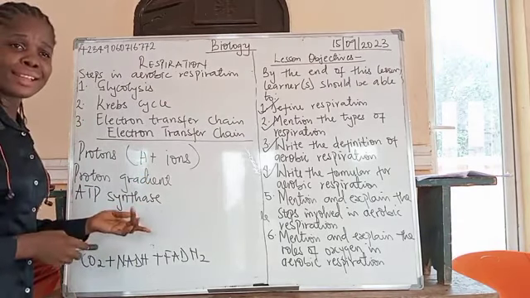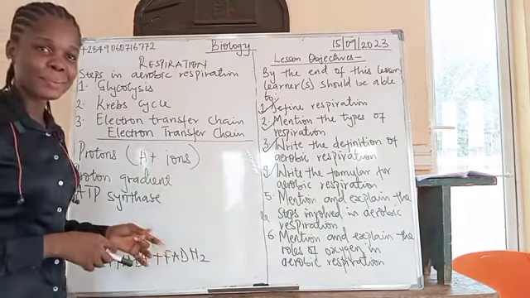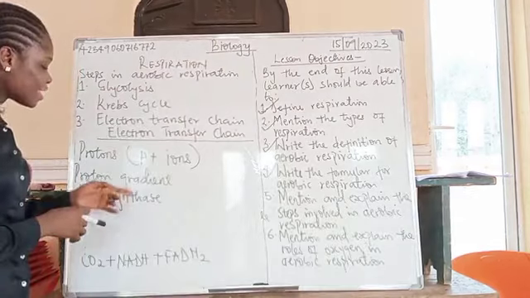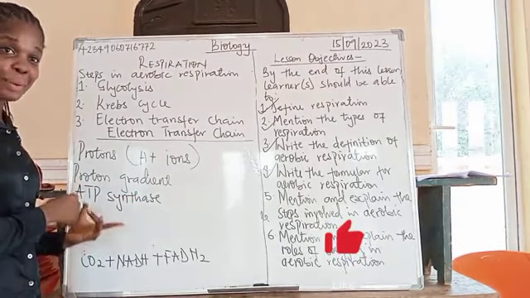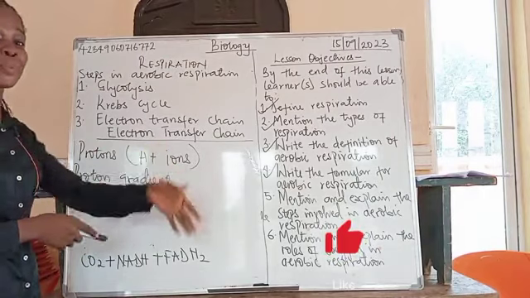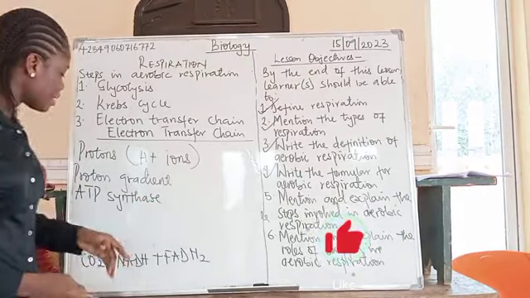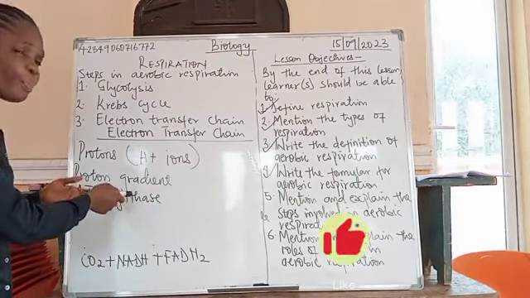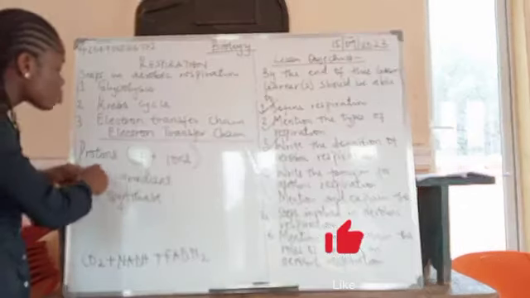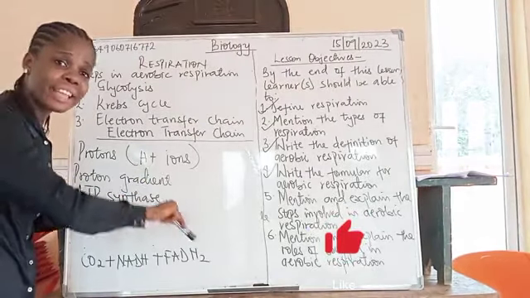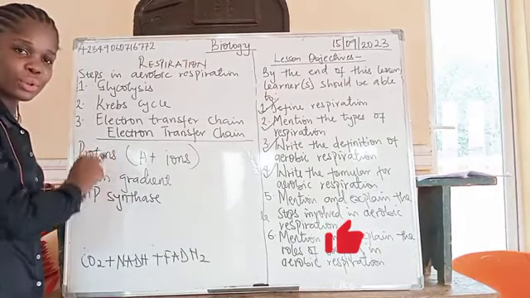The ATP synthase is the enzyme that is responsible for the synthesis of ATP. Remember that ATP is the energy that is produced at the end of respiration. Now, the ATP synthase bases its function on the proton gradient that has been created by the pumping of these protons.